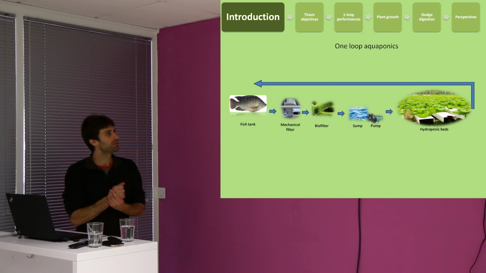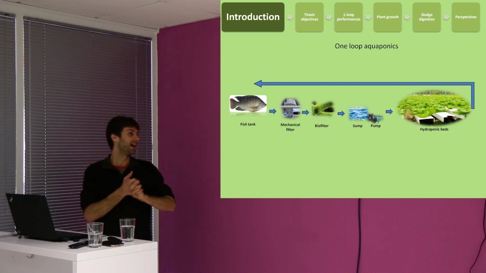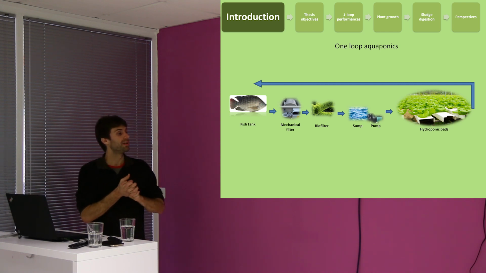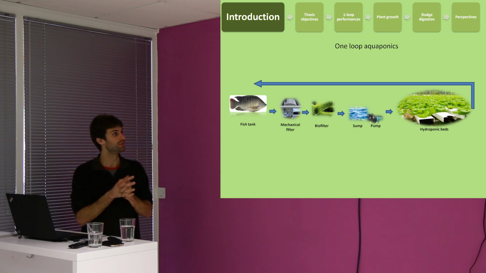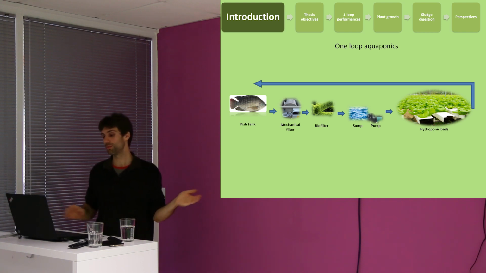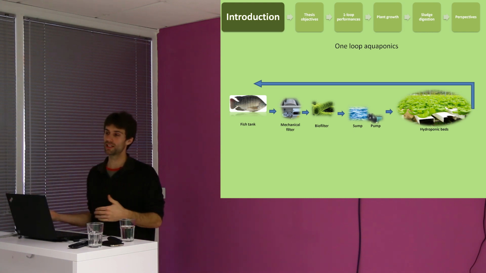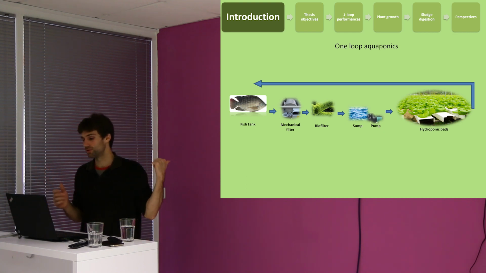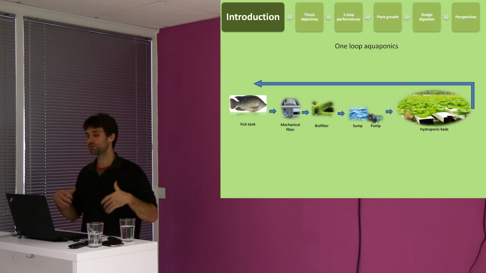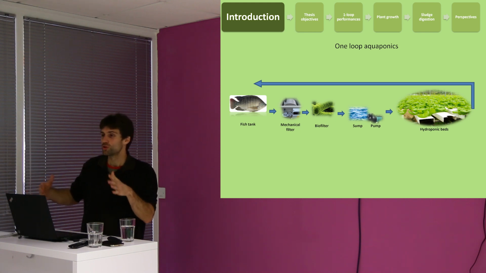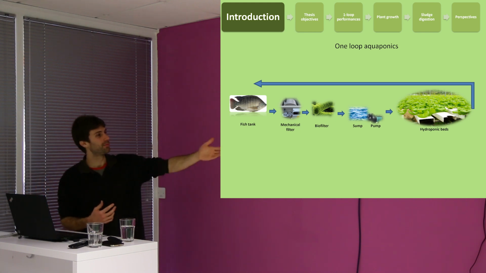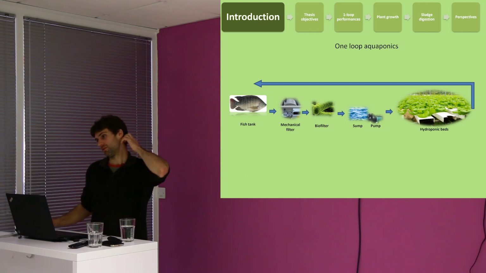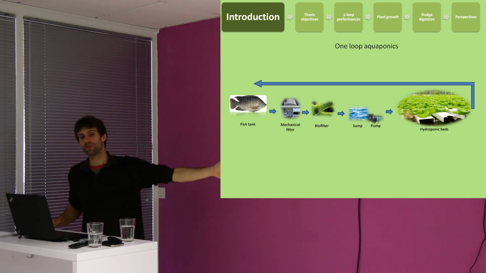So now we come to aquaponics. I like to have a simple drawing to show what is aquaponics. If you go out of your backyard aquaponics, like the video we saw Monday, if you want to do it as a small commercial scale, this is the principle that most of the people use.